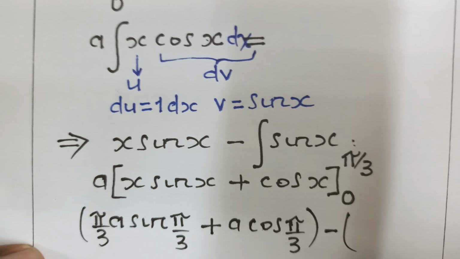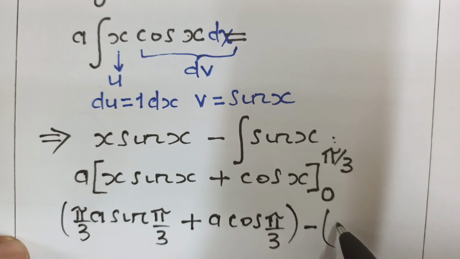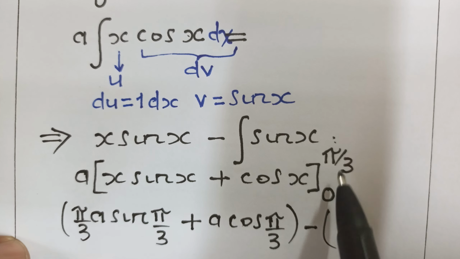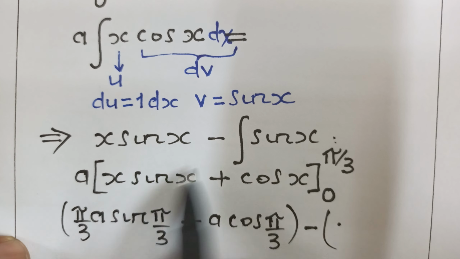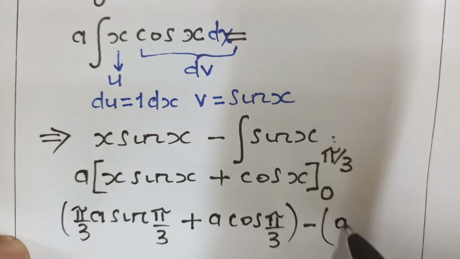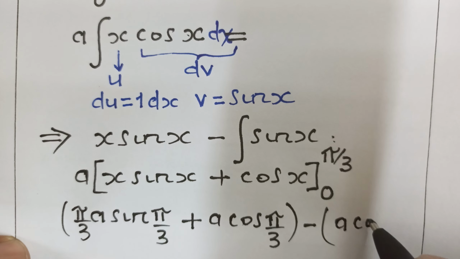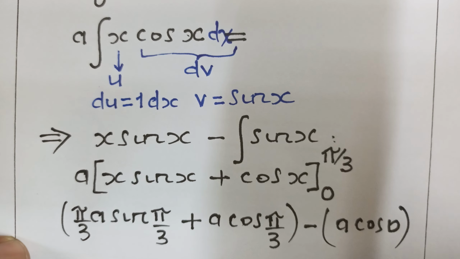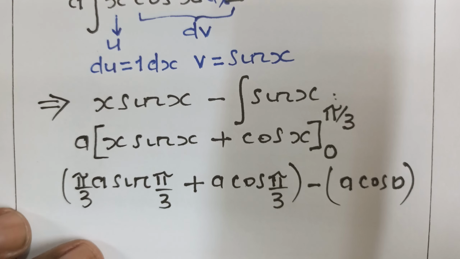Again, we are going to have a, when we now put 0, guys, this is going to be 0. And so we are only going to have this, that is a cos 0. So guys, that's what we are going to have.